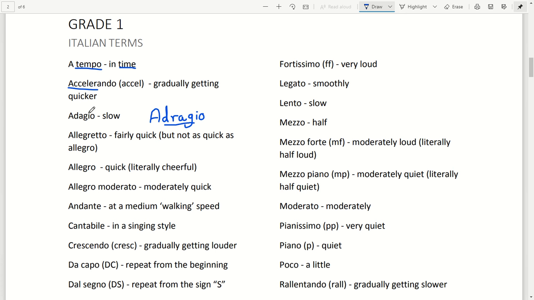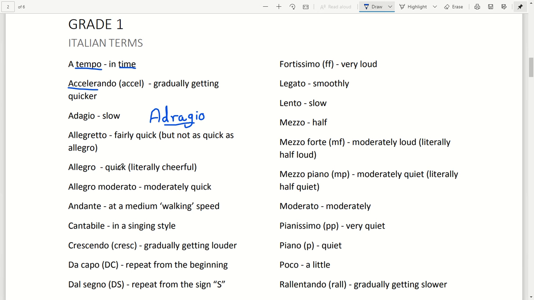So if it says adagio, it's going to drag, so it's going to go slow. So if it's dragging, adagio.